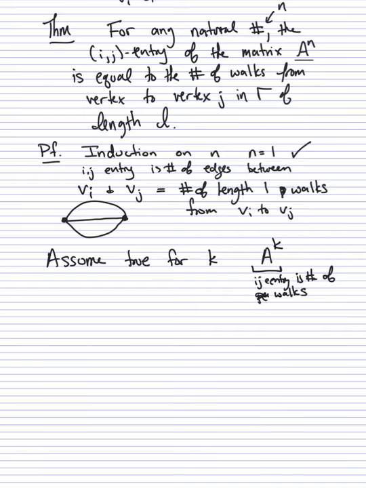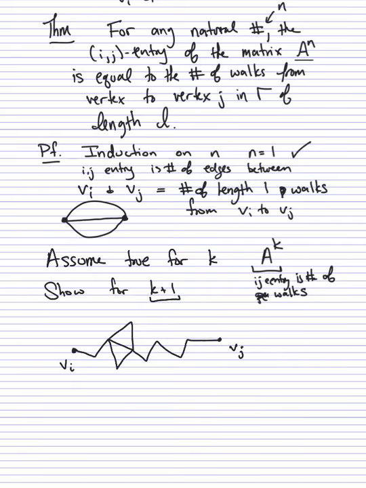And now you want to show it for k plus 1. Well, let me draw a picture. So we have vertex i, here's vertex j. And you want to compute the number of k plus 1 paths. Well, suppose you have a path of length k plus 1, it might look something like this.